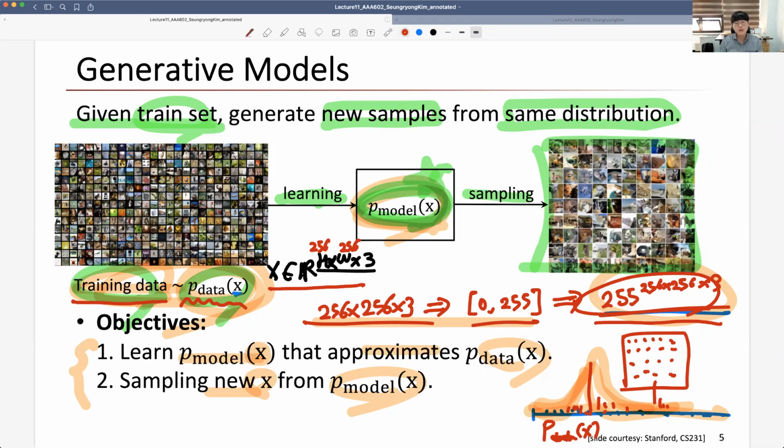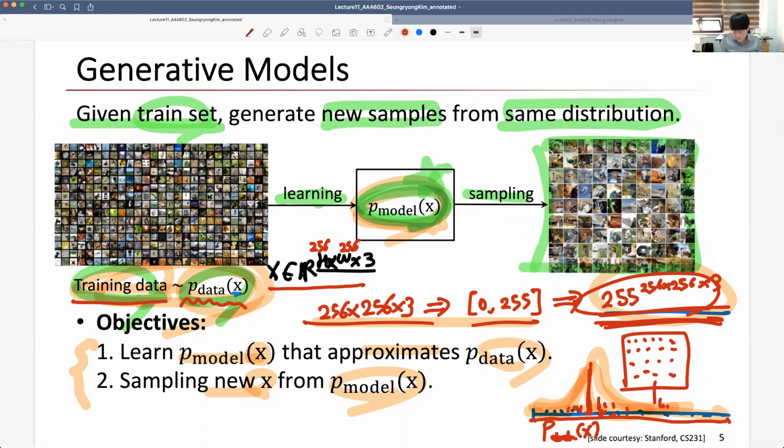Fortunately, natural images have a very sparse distribution among all possible images. Among such an infinite number of cases, our natural images only exist in very sparse density.